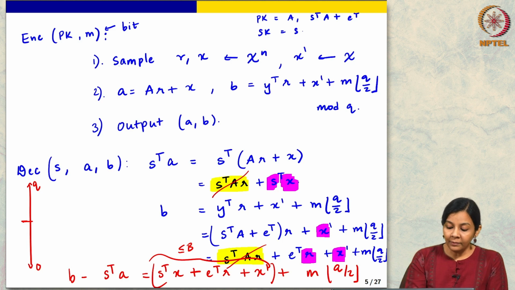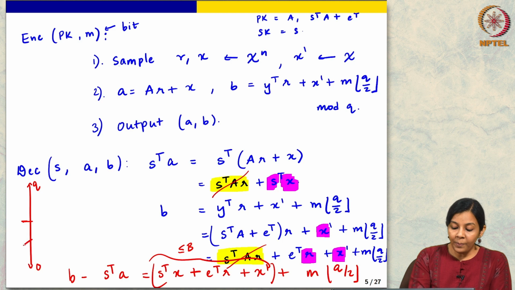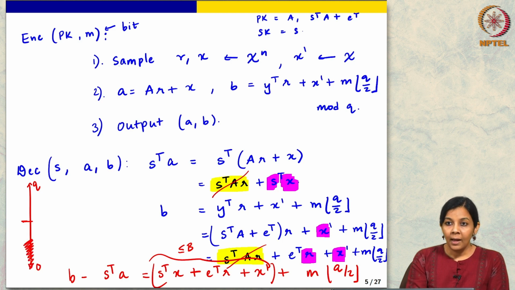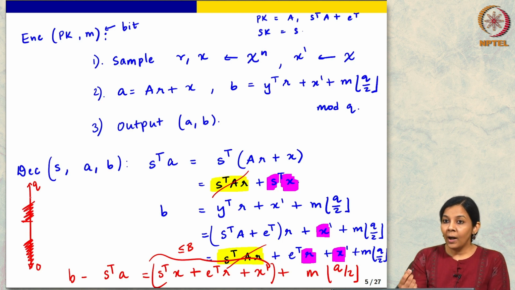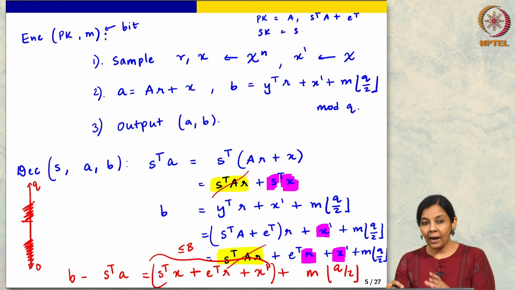Then what happens when my message is 0? Then 0 plus some B will be somewhere here, right, and when my message is 1, then Q over 2 plus B will be here. So, what can I do? I can recover the message bit just by seeing whether this subtraction gave me something which is close to 0 or close to Q over 2.